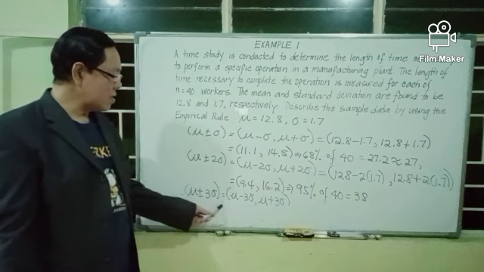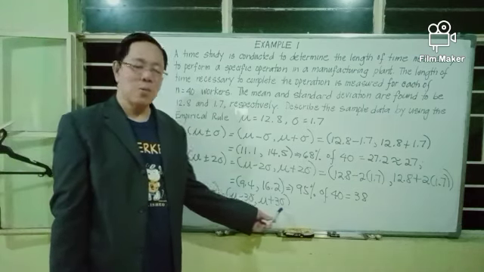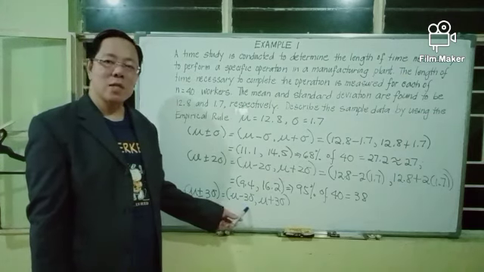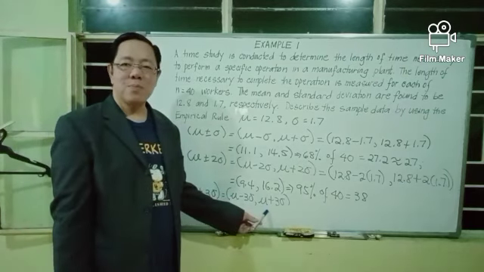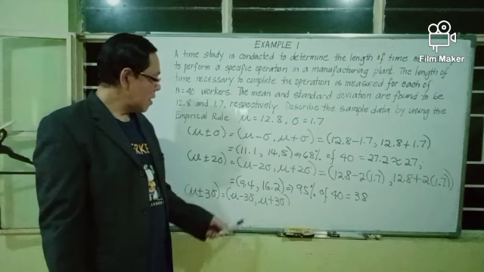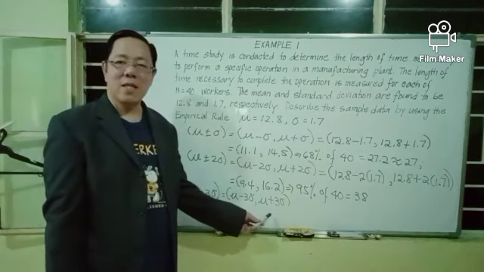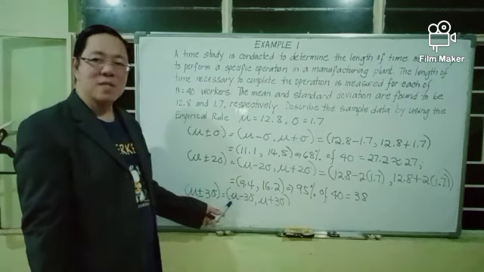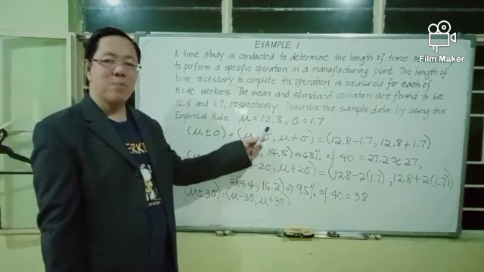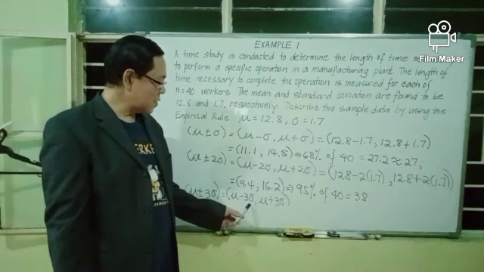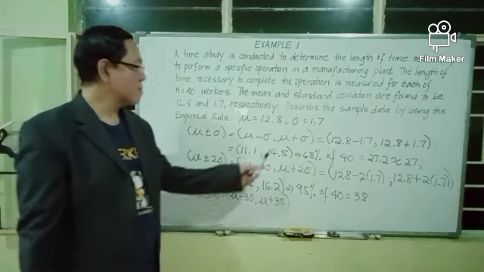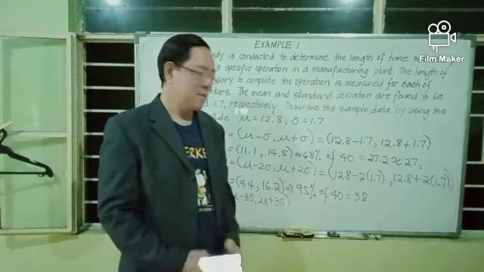And this interval is equivalent to the open interval with left endpoint mu minus 3 sigma and right endpoint mu plus 3 sigma. We compute the left and the right endpoint by substituting mu equals 12.8 and sigma equals 1.7.